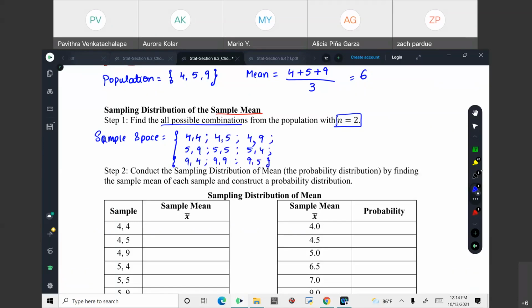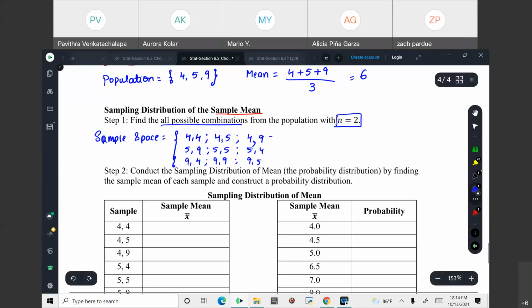So this is the total sample space. These are the only ways you can arrange those numbers. If you count this, it is equal to 9. There are 9 possible ways to arrange the numbers.